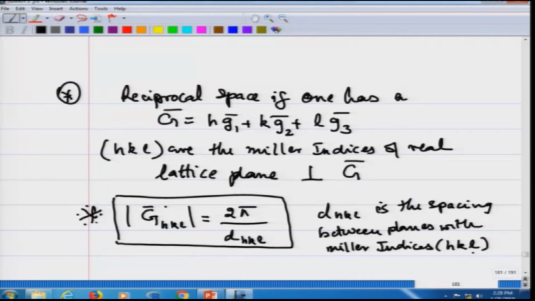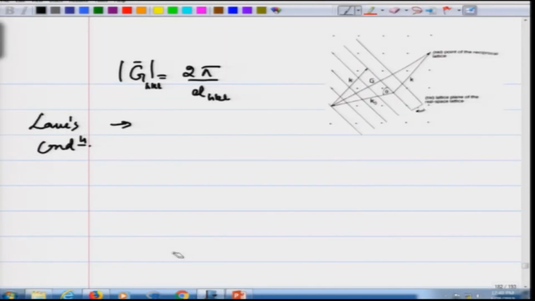Now, with this result in mind, recall the Laue's condition for diffraction of X-rays is G is equal to K, and here in this diagram G is equal to K, where K is the scattered wave vector minus the incident wave vector.